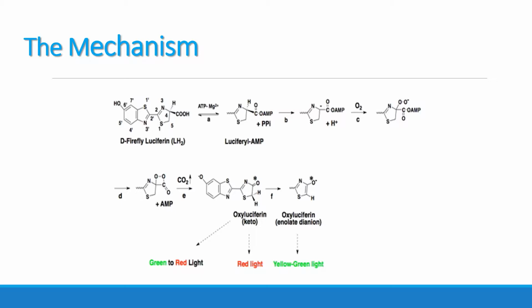The mechanism begins with the formation of a luciferase enzyme that all fireflies have. After the enzyme has been formed, deprotonation occurs due to the amino acid residue from the luciferin. Next, the oxidation of the anion forms the electronically excited oxyluciferin state and carbon dioxide. As stated before, there are two different products that can form, the keto and the enolate.